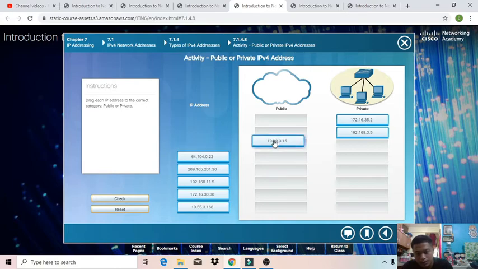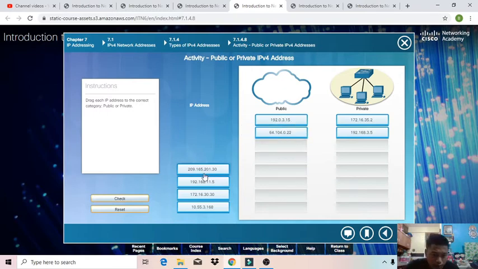192.0.3.15. So that is public. 64.104.0.22. That is public. 209.165.209.30. It's public. 192.168.11.5.